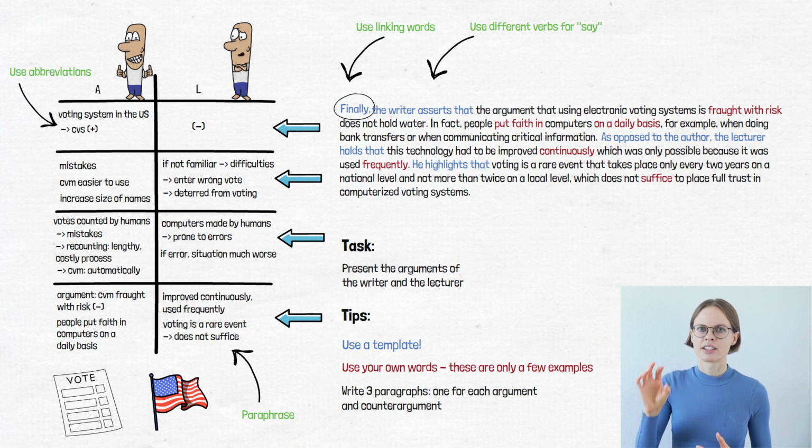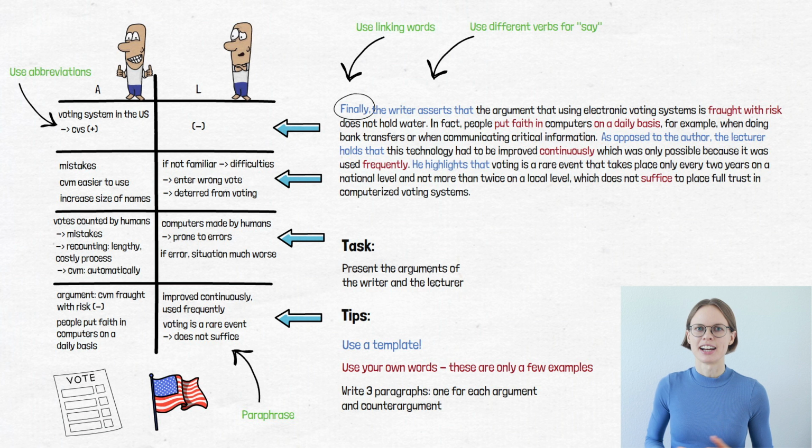I said it does not suffice to place full trust in computerized voting systems. These are just a few examples how you can paraphrase information given in the article or in the lecture. This is our integrated essay for the second integrated task that you can find in the ETS practice test.